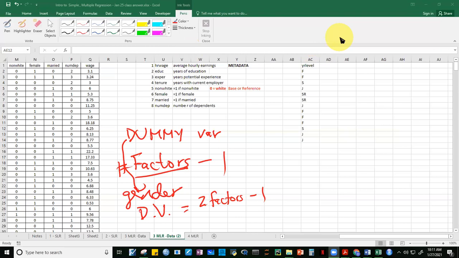Ito yung formula, guys. Yung dummy variables na introduce natin is the number of factors minus 1. So ilang factors 'to? We have 4 factors: frosh, sophomore, junior, senior. So ilang dummy variables ang introduce natin? 3 lang, guys. Okay? Thank you.